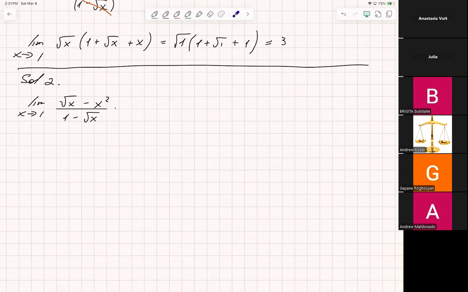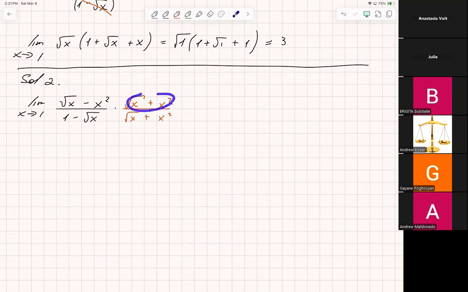So now you see that you have roots in the numerator and in the denominator, and we had a problem like that once in a lecture, and I told you you probably want to multiply by the conjugate of the numerator and also separately by the conjugate of the denominator. So let's multiply. So we would have square root of x plus x squared, right? Top and bottom.